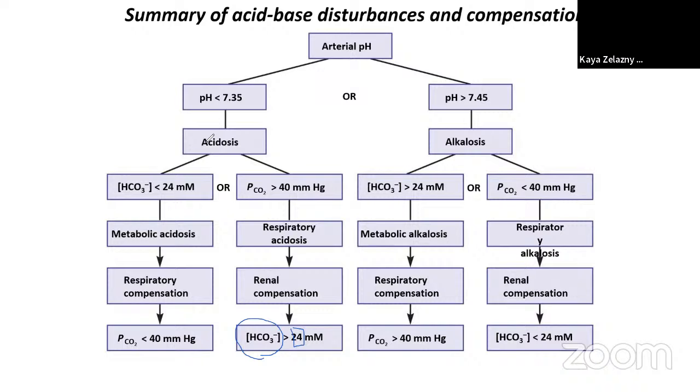What's happening on this other side is that the reason we are in acidosis doesn't have to do with the carbon dioxide, it has to do with the fact that we don't have enough of our buffer. So when we measure the concentration of our buffer, our bicarbonate, we're going to see it's too low. So it's lower than this 24. And that's the reason we're in acidosis.